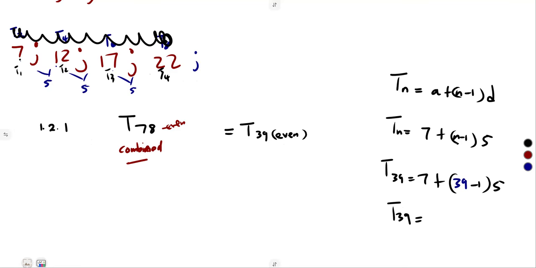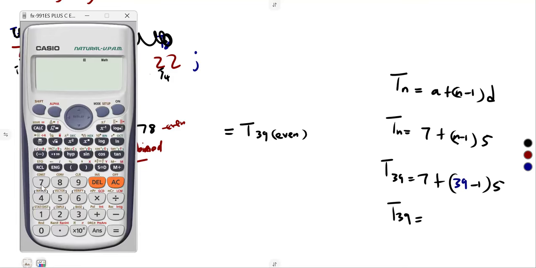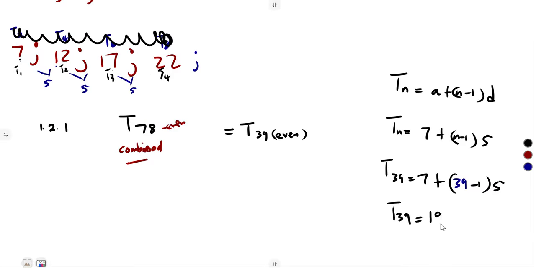That was going to give us the value of T39. You can even simplify before substituting the 39. It's still one and the same. Then we multiply by 5. This is going to give us what? 197. So this is 197. This is T39 for the even terms. This is what we are talking about, 197.